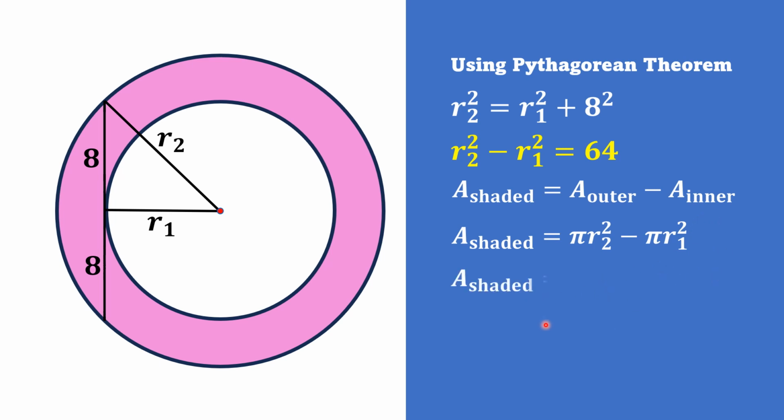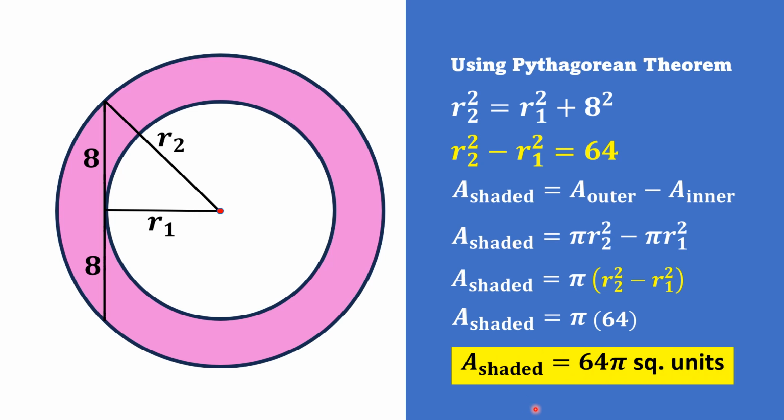Taking pi common from this relation, we have pi times R2 square minus R1 square, and our value of this expression R2 square minus R1 square is 64. So substituting this value over here, we will get area of shaded region is equal to pi times 64, that is 64 pi square units, which is the required answer.